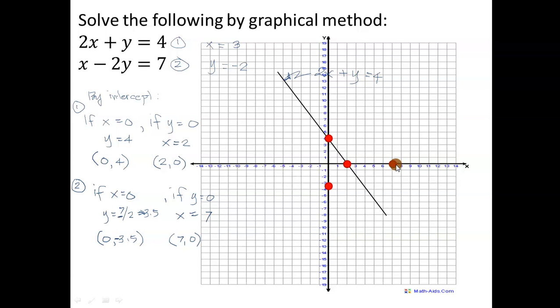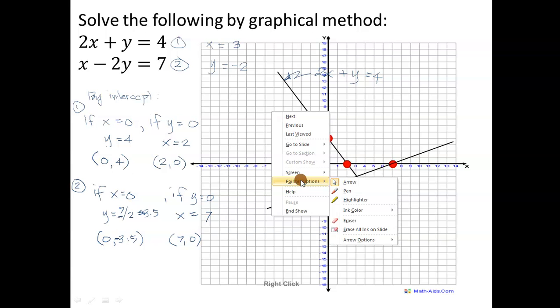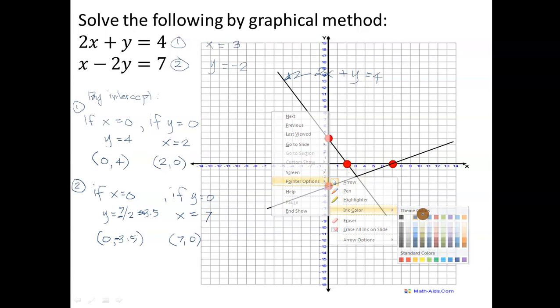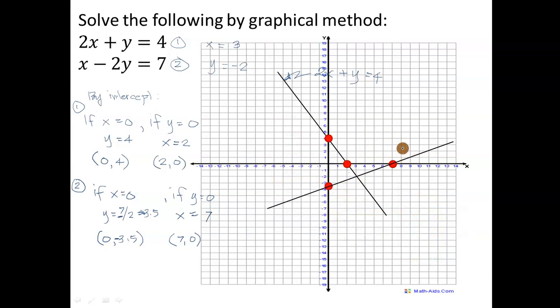So again, draw a line that will connect those 2 points. There you go. And then you can properly label this one as the line of x minus 2y equals 7.